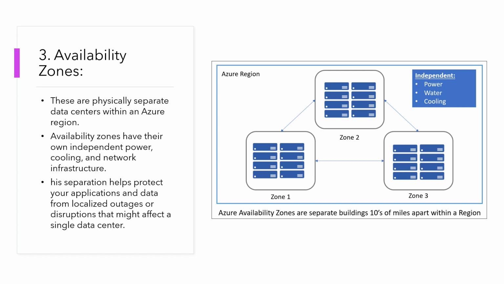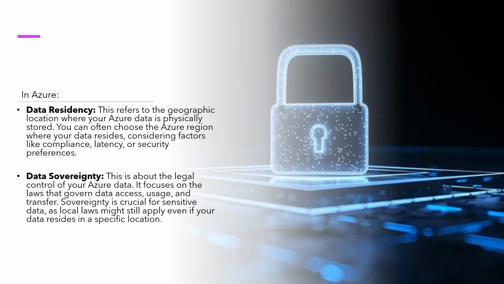Due to these availability zones, all the data centers are connected with each other. And we are going to discuss two terms: data residency and data sovereignty. The first one is data residency. Let us understand data residency with an example.